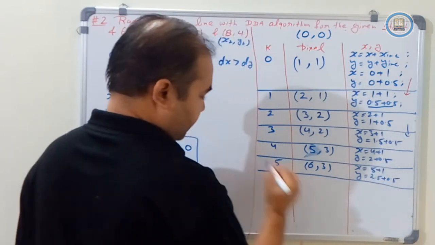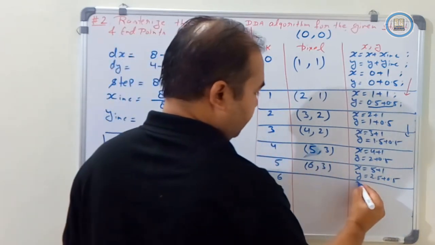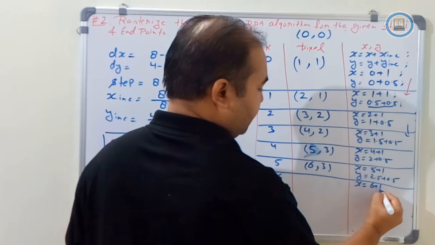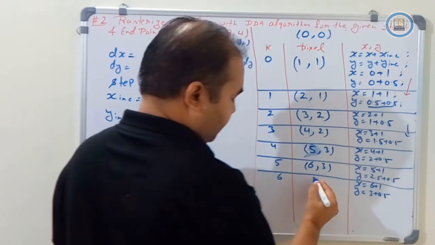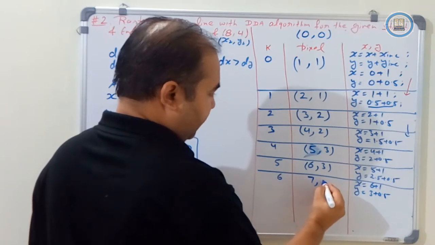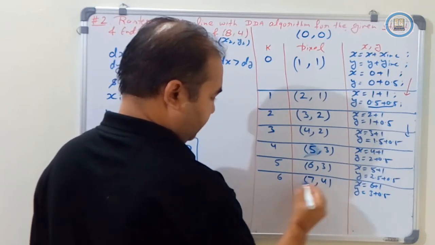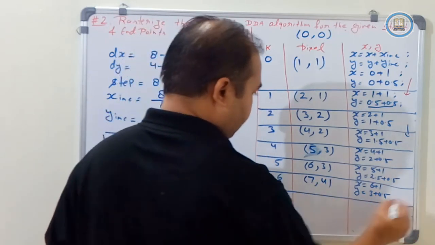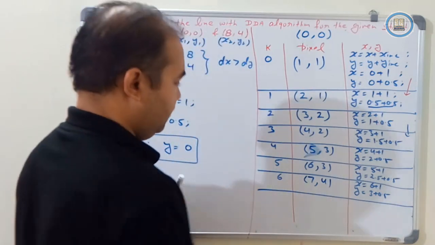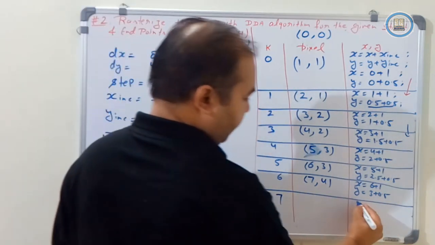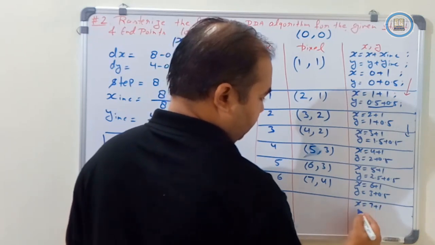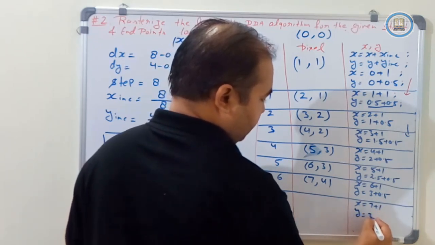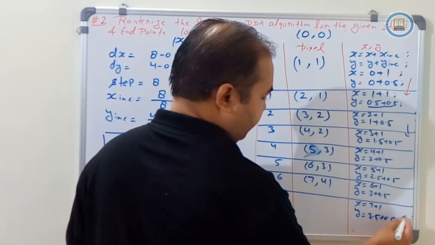At step number 6, x equal to 6 plus 1 and y equal to 3 plus 0.5. So x will be 7 and y equal to 4. At step number 7, x equal to 7 plus 1 and y equal to 3.5 plus 0.5.